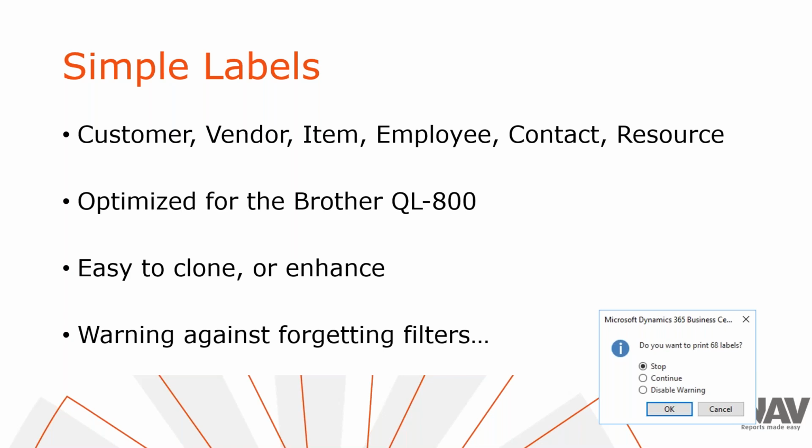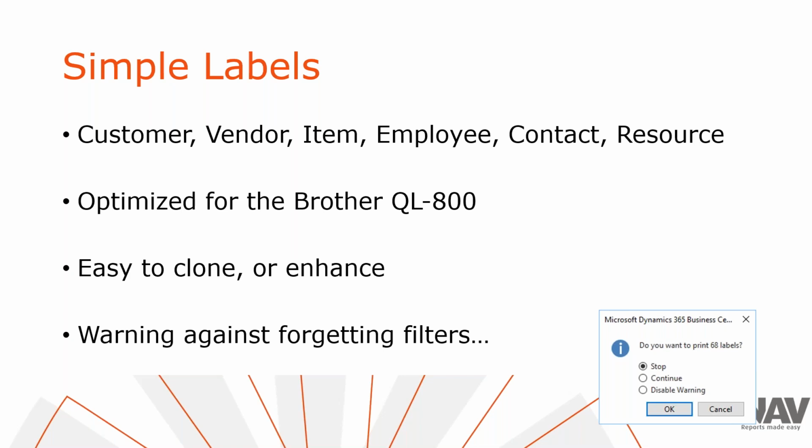They are very easy to clone or to enhance. You can just create your own copy, which is also what I did in the demo. And I think it's also very important that we build in a warning against forgetting filters. This is something that I stumbled into myself. These thermal printers are typically pretty cheap to buy. This one is $100, but the paper is more expensive. It's thermal label paper. So if you by accident print a label for all of your customers in the database, you're wasting a lot of money.